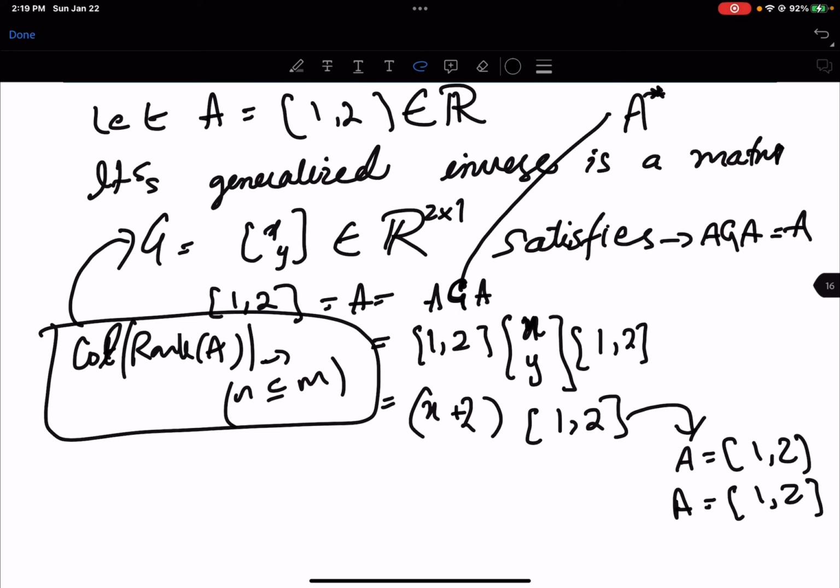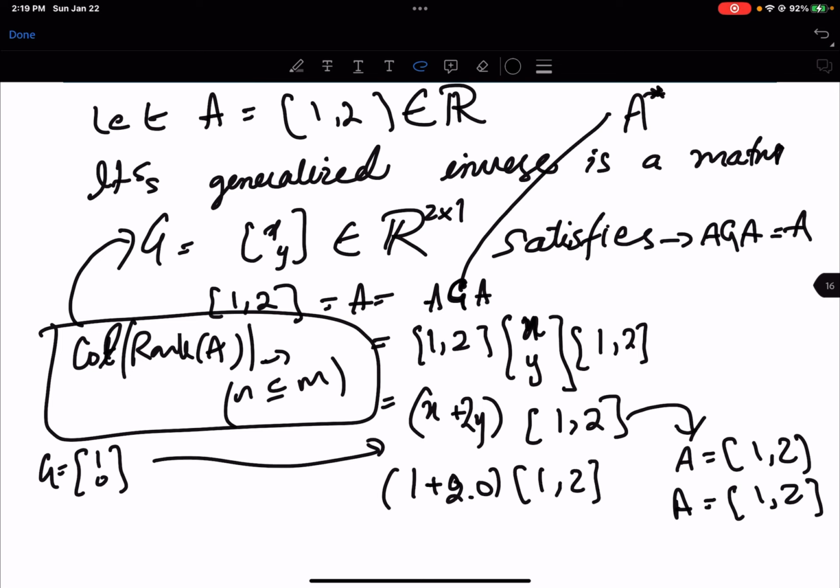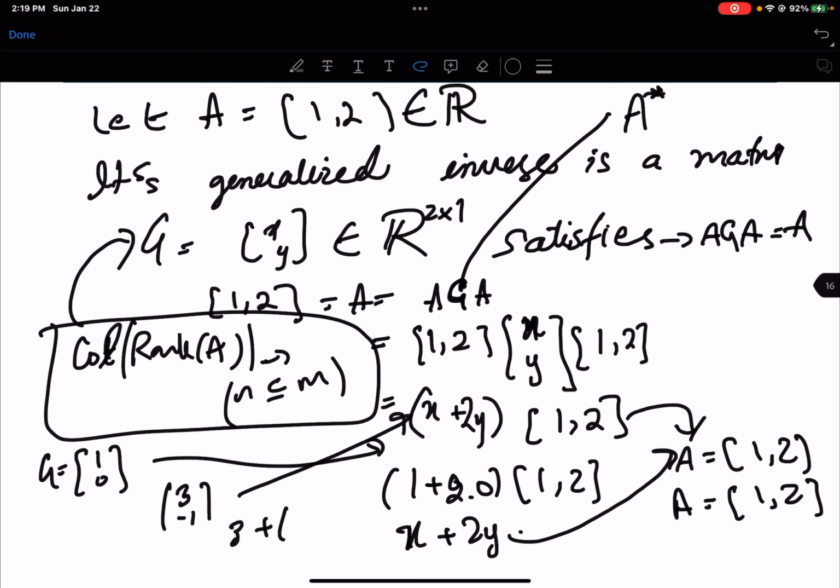Let's suppose G is 1 and 0. So 1 plus 0, and what do we get? x plus 2y, or matrix A. Then we put the value of 3 and minus 1 in the same equation. 3 plus 2 times minus 1 is again 1 multiplied by 1 and 2, and we get the same matrix.